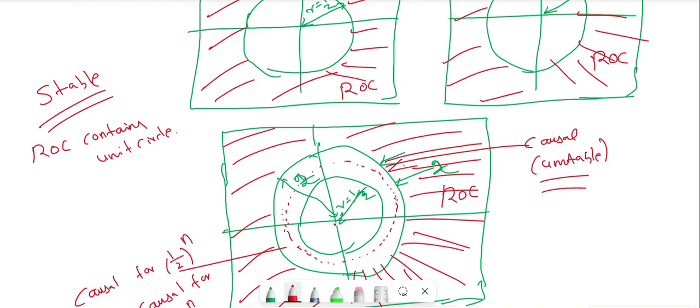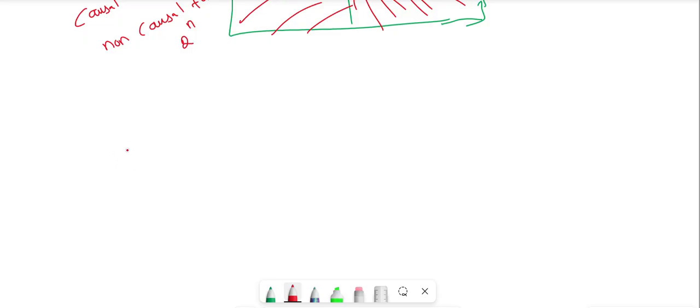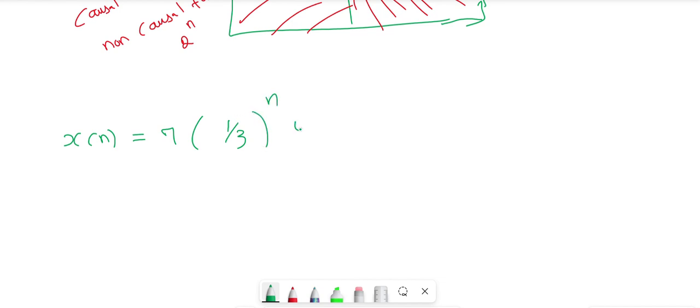For example, take one more problem: x of n is equal to 7 into (1/3)^n u of n minus 6 into (1/2)^n u of n. So how can we write it?